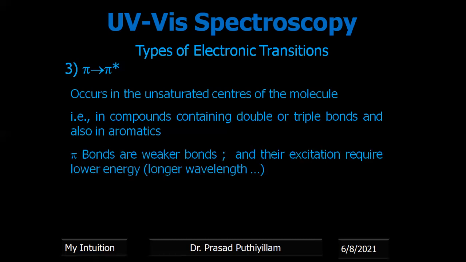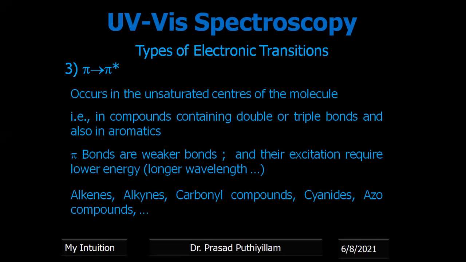Pi bonds are weaker bonds, obtained by sidewise overlapping. The excitation required to move an electron from the bonding pi to the anti-bonding pi level needs very little energy, or we can say it absorbs a longer wavelength.